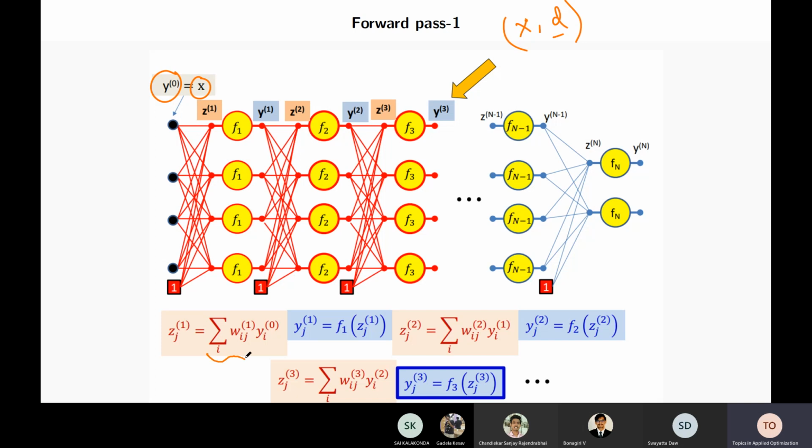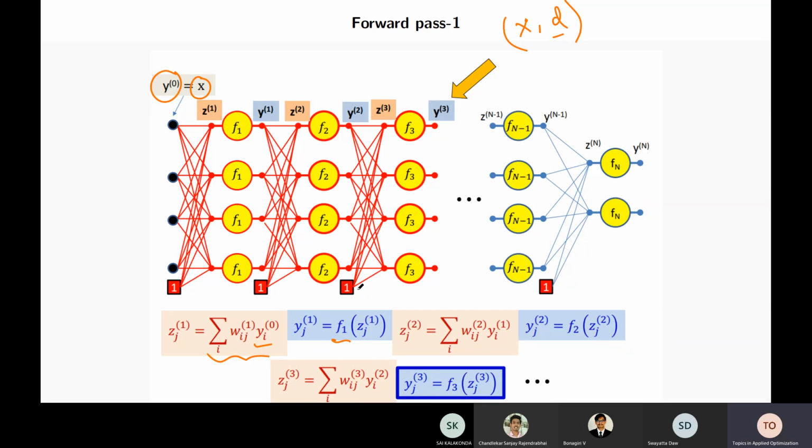It will follow the operations that we have already made precise: a sample x comes in, then we get a linear combination with respect to the weights. This is the linear combination of the input sample with respect to the first layer weights. And then the activation happens with these functions fi.